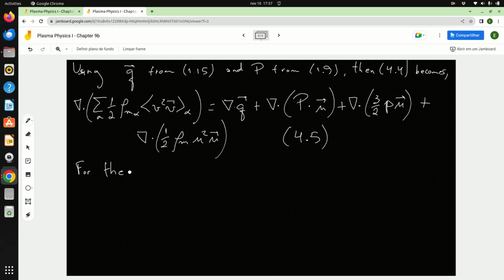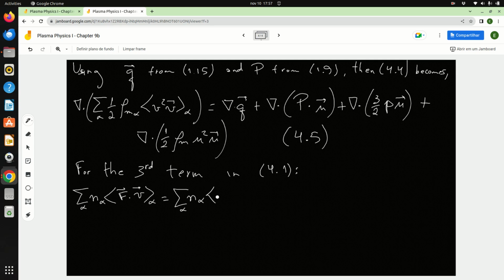For the third term in 4.1, we have the sum over alpha of n alpha F dot V alpha equals n alpha q alpha, and well, this is just a set of external forces that we're going to add here, and then in place of F, the set of external forces, I'll use the Lorentz force and the gravitational force.